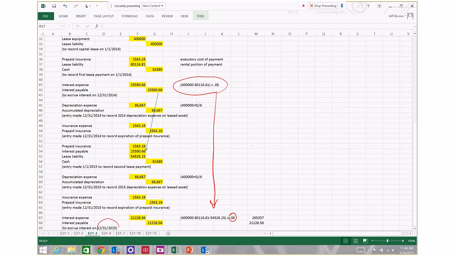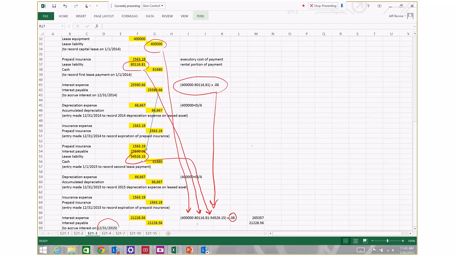So the carrying amount of the lease obligation at the beginning of 2015 is the amount that we originally booked for the lease liability here, less the debit to the lease liability account that we made in connection with our first interest payment, less the debit to the lease liability account that we made in connection with our second lease payment.